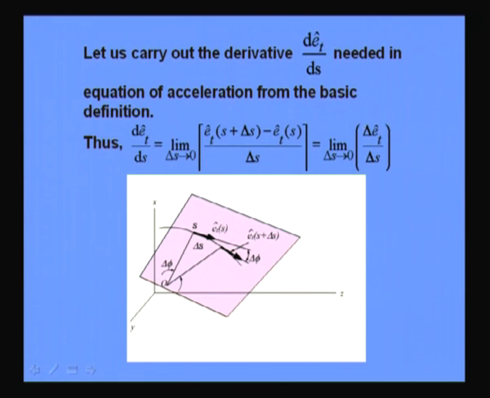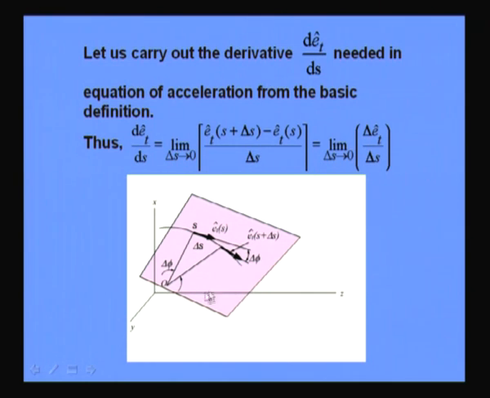Here it has to be noted that the difference between these two vectors will be a vector which has direction as well as magnitude, and therefore the derivative of the unit tangent vector has direction as well as magnitude. So it is a vector quantity.